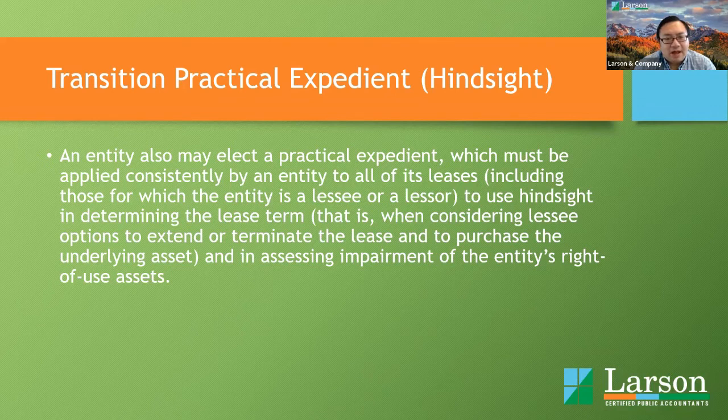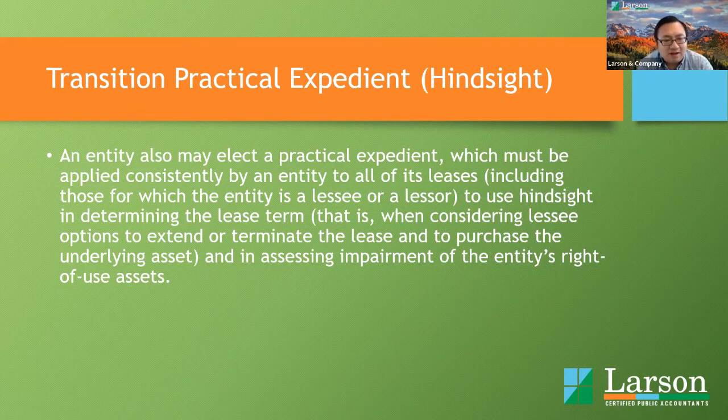So when you're looking at renewal options, how long is my term, or how long do I think I will have? Although 2 years ago when you entered the lease, you may not have thought that you'd renew, you don't have to go back and use the 2 years instead of looking at what you have now.